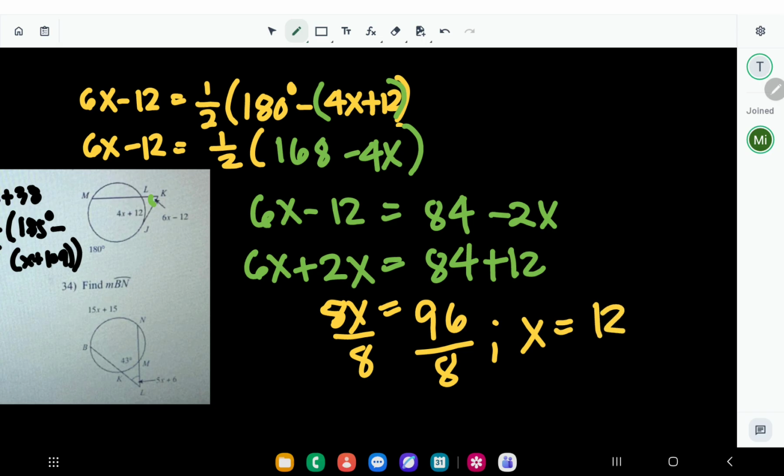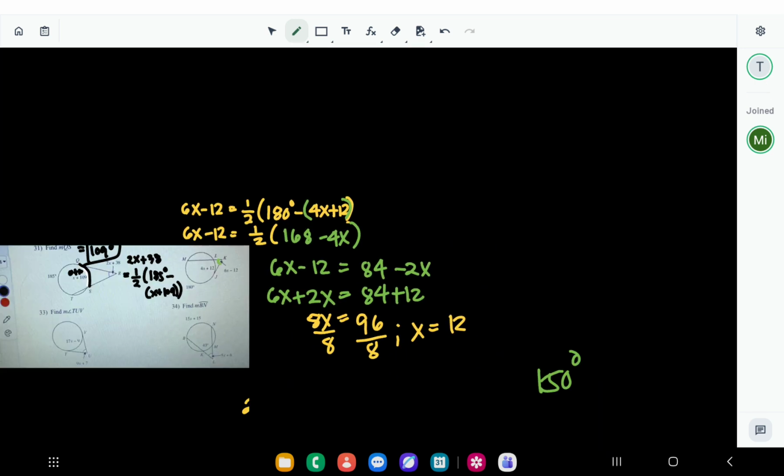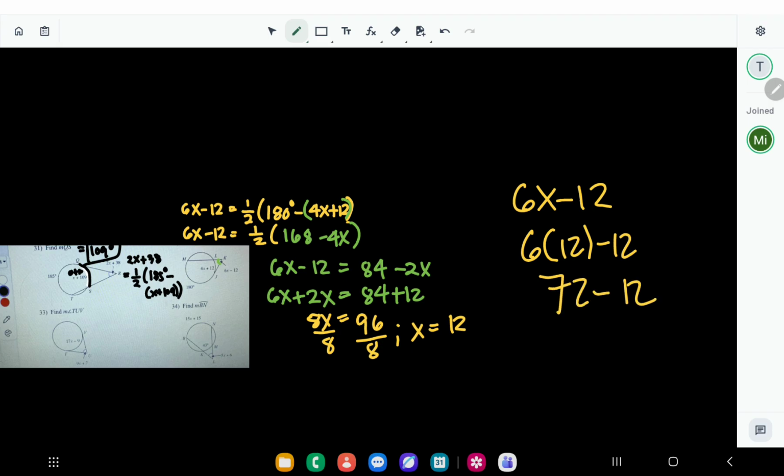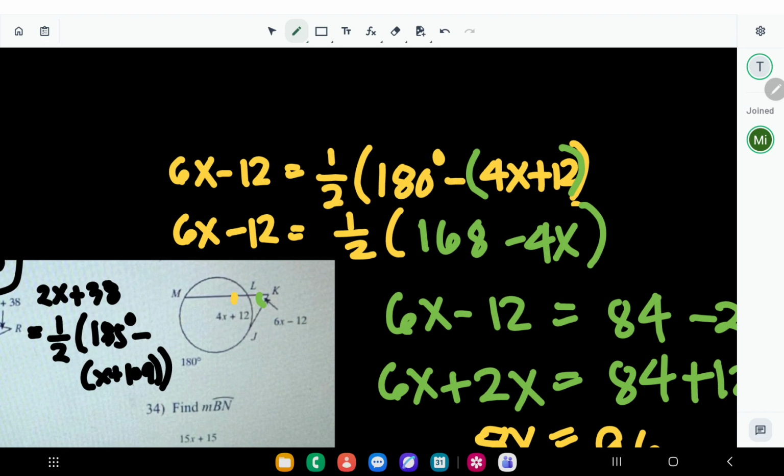Then now we can solve for the angle, which is 6x minus 12. So this is 6 times 12 minus 12. 72 minus 12. The angle is 60 degrees. So this angle here, this one is 60 degrees.